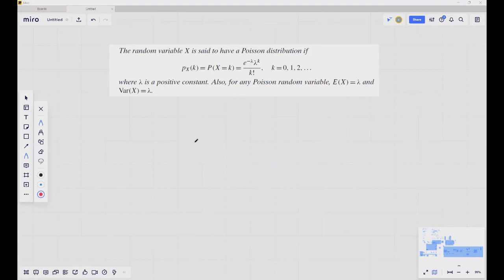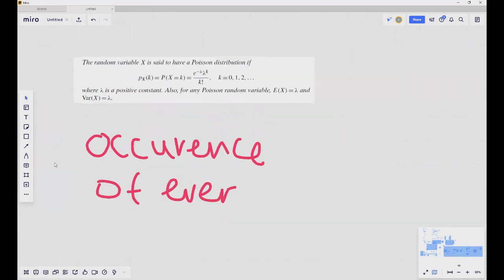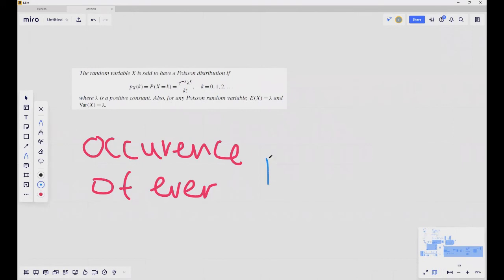We use the Poisson distribution to model situations where we have to find probabilities concerned with the occurrence of some events per unit of something.